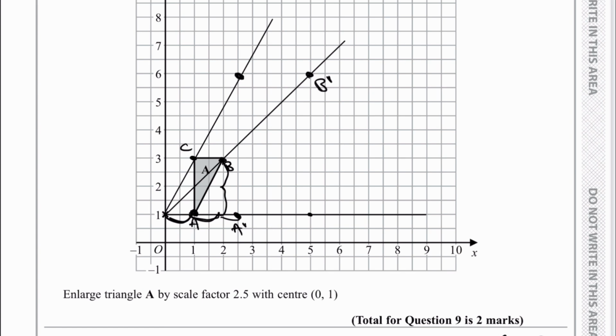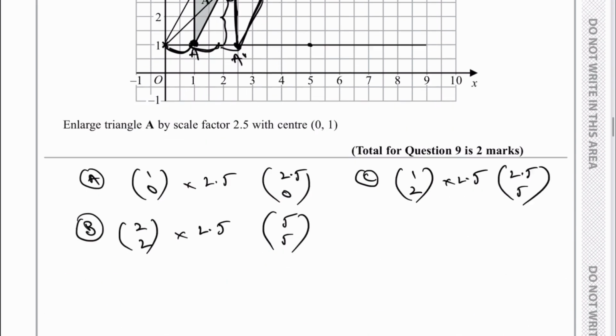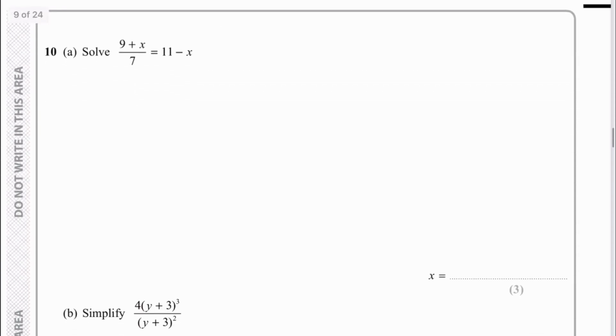I didn't draw that line particularly well, but that's going to be my new point C. So therefore the enlargement itself is going to be this one. Now again, if you're not sure, let me know, because I've got some other worksheets that you can have a look at, but that would be the enlargement of the triangle.